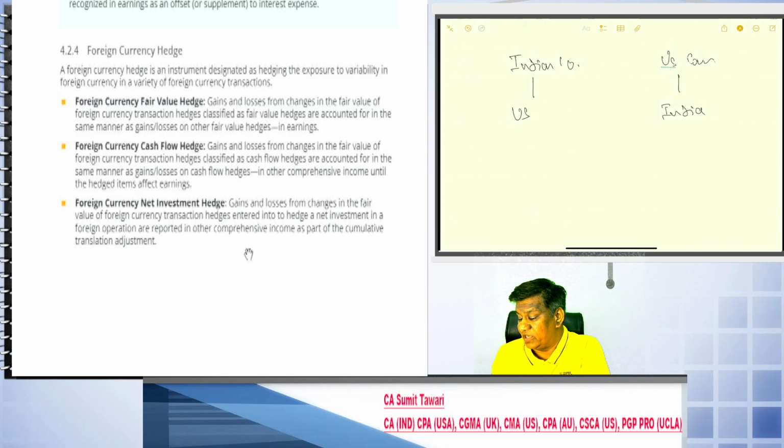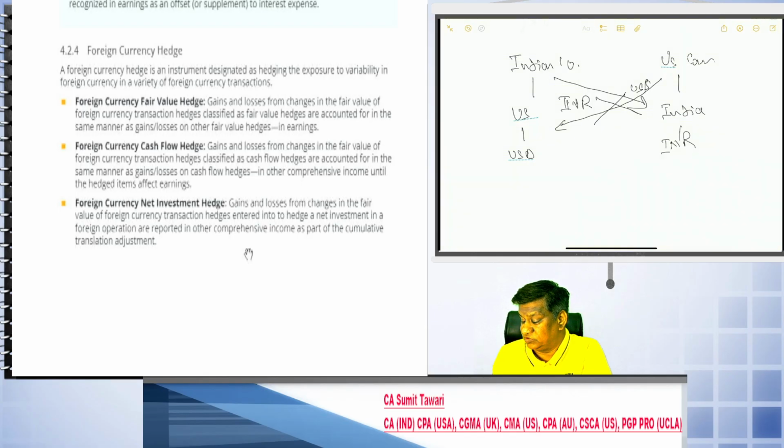The Indian company wants to expand in the US, so they need some amount in US dollars. The US company wants to expand in India and needs INR. So the Indian company takes a loan in INR, and the US company takes a loan in US dollars. After that they exchange the amount.